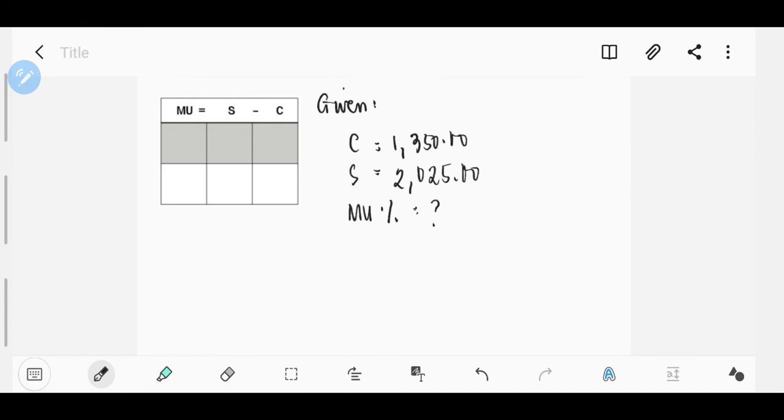So, lagay natin sa table. That's 1,350. Selling price, 2,025. So, magkano yung markup niya? So, ang markup natin is selling price minus cost. So, subtract lang natin yung 2,025 by 1,350.